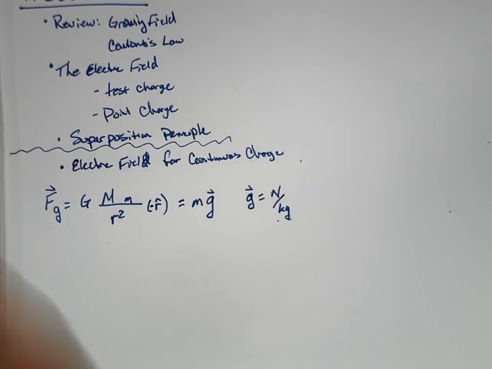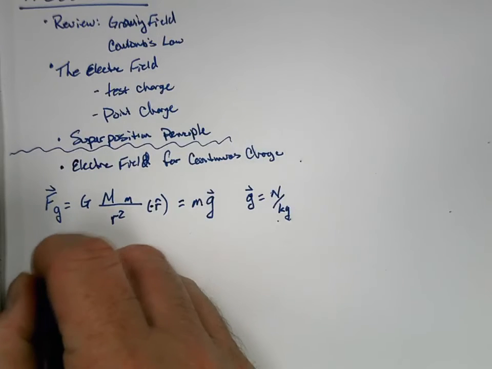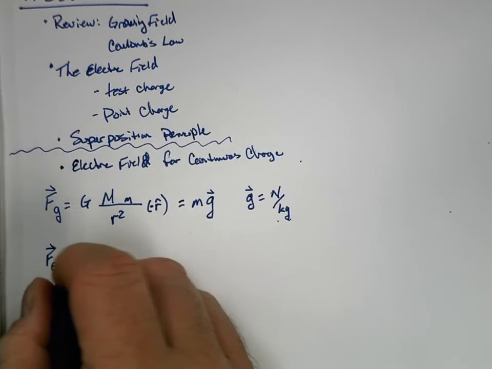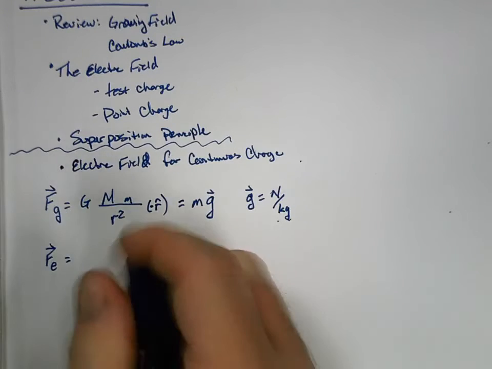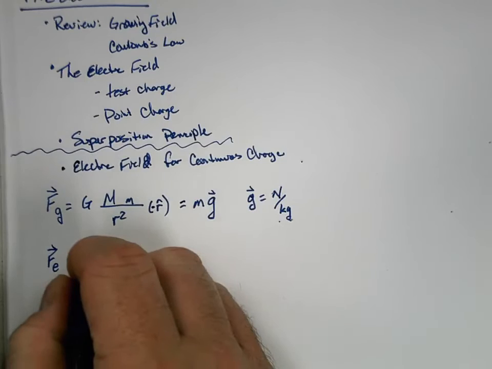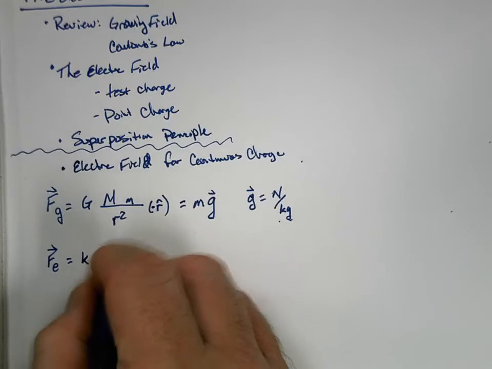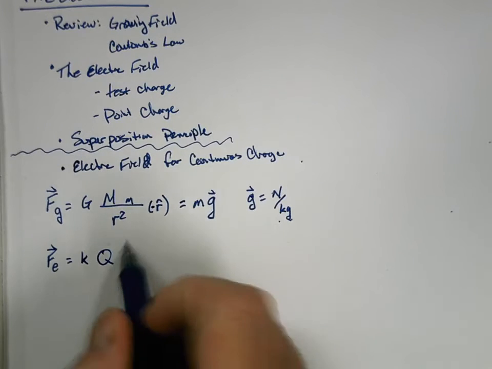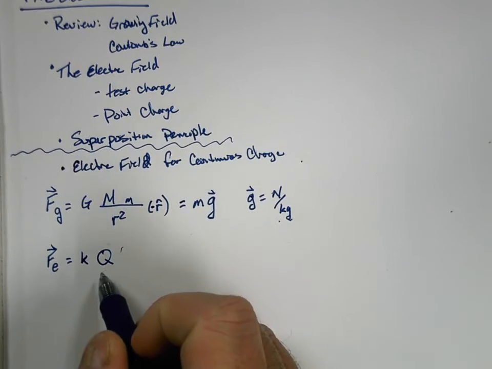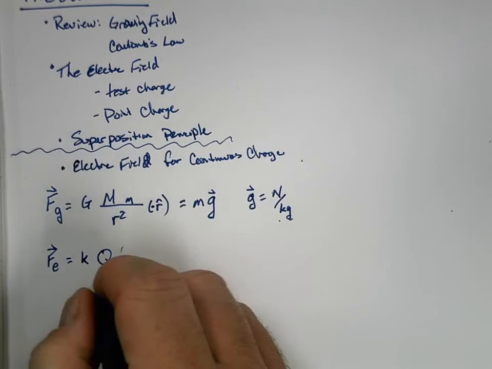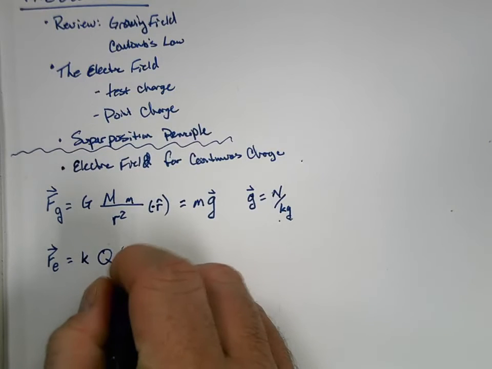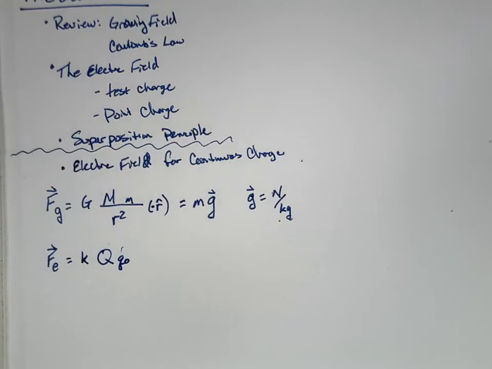So the similar thing happens when we deal with the force of electricity, or of an electric field, where we have our Coulomb constant times a charge that we're going to be examining. All right, and we'll call this a Q naught down here.